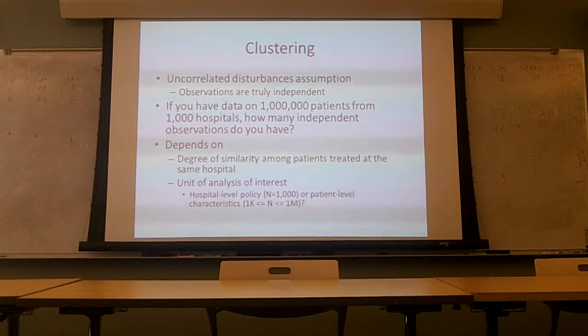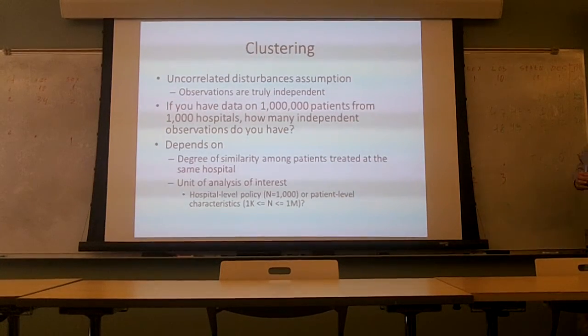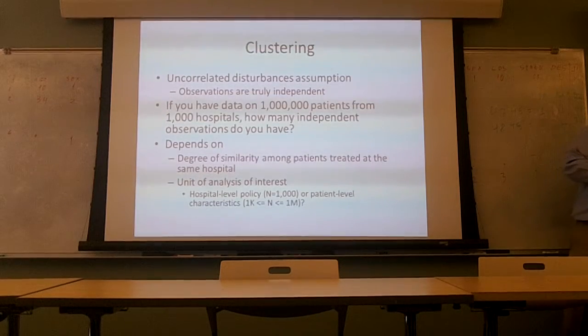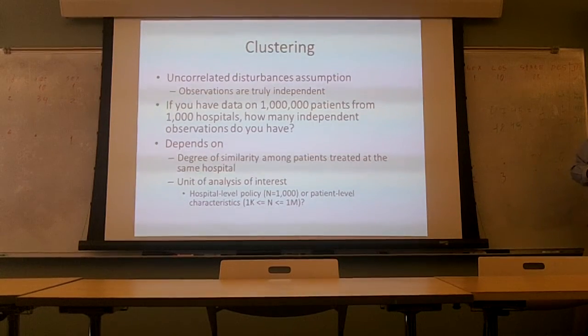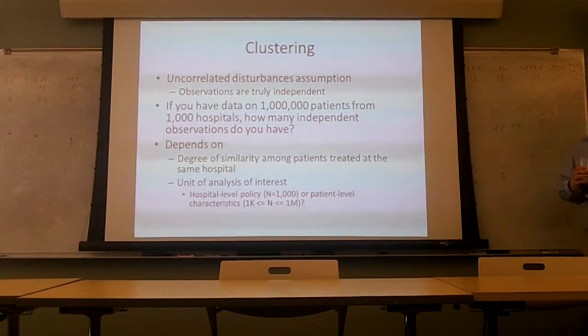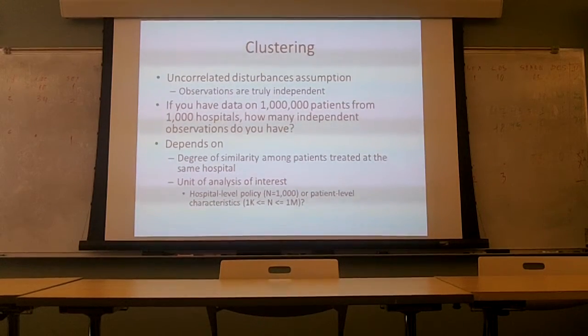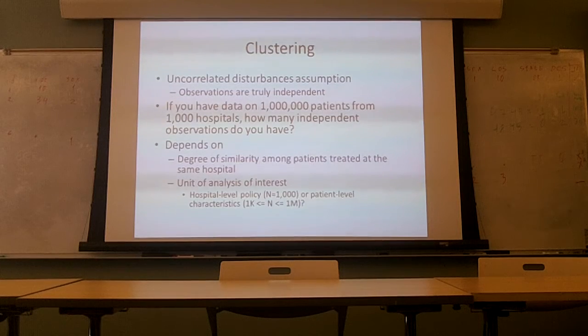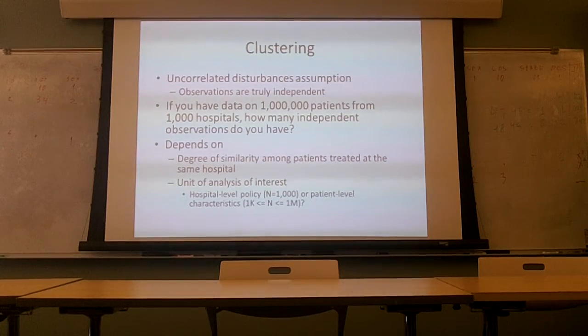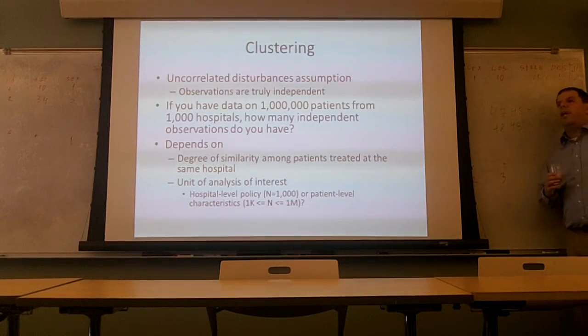There's another issue, which we'll get into more next week, but I want to draw your attention to: clustering, or multiple observations per unit. We have this uncorrelated disturbances assumption, which is that the observations are truly independent, and their error terms are not related to each other. Think about the simple example of patients at hospitals.